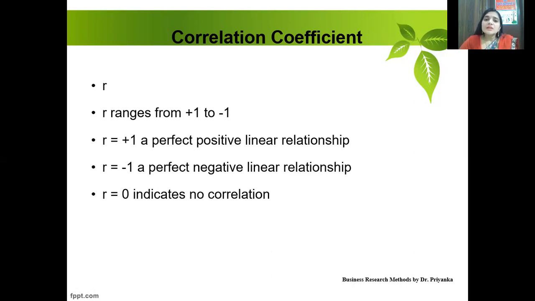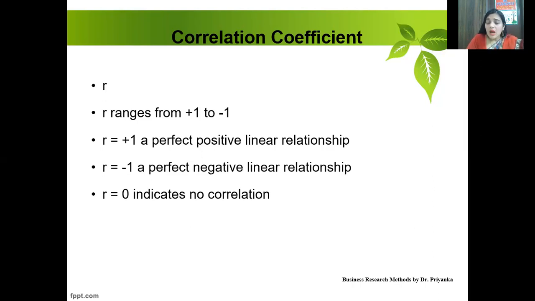If they are near 0.5, that means they are moderately correlated. And if the value is less than 0.30, they have low correlation. There is very low correlation among the variables.